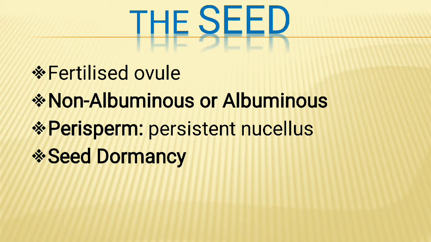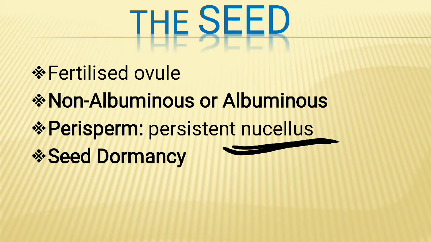And the next thing about the seeds: we know the ovule gives rise to seeds, and within the ovule we have studied one structure called nucellus. Do you remember? The one which gives nourishment for the developing embryo sac.